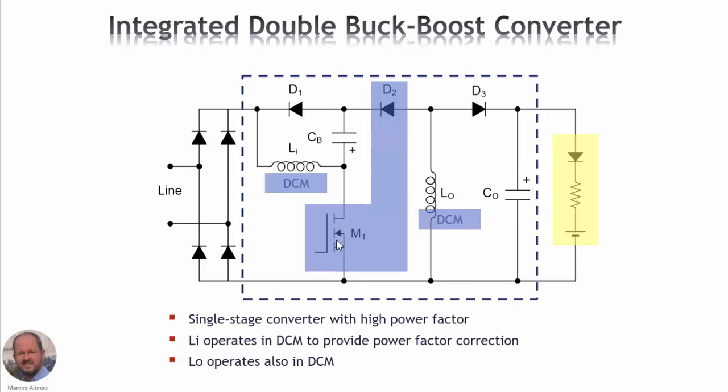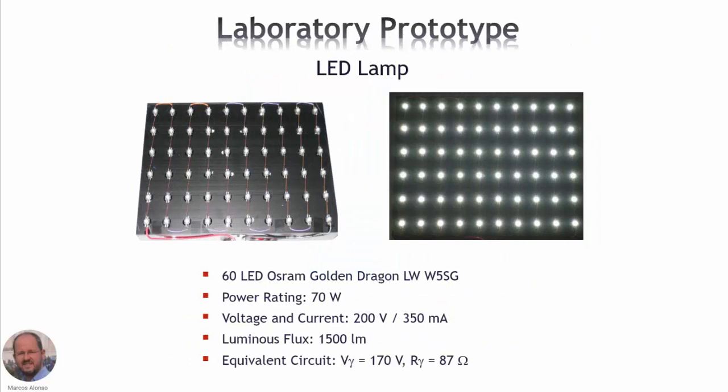And when the switch is open, then the energy of the inductors goes into capacitor CV, the bulk capacitor, in this net here, and also the energy of the output inductor here goes into the output following this circuit here. So let's see now some laboratory implementation.